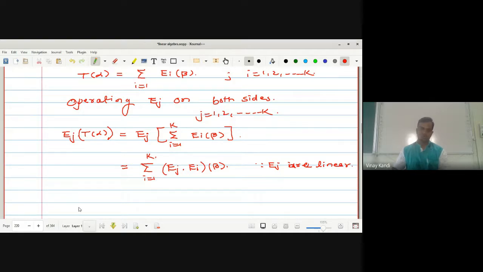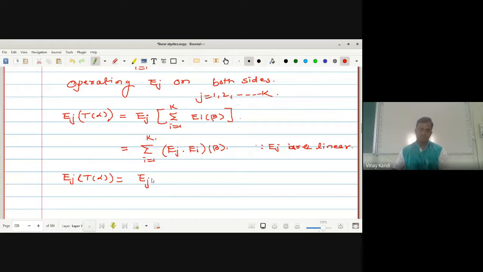Okay, so now E_j of T of alpha is equal to the sum, i running from 1 to K. So what we get: E_j E_1 of beta plus E_j E_2 of beta plus up to E_j into E_j of beta plus up to E_j into E_K of beta.